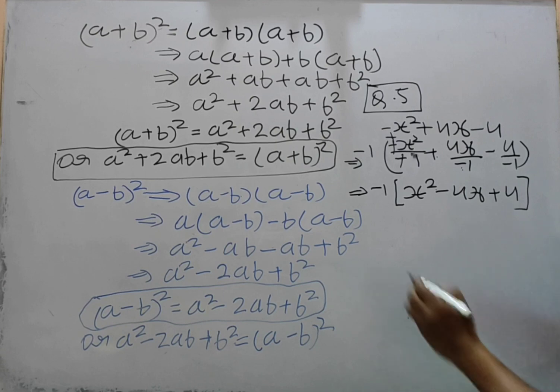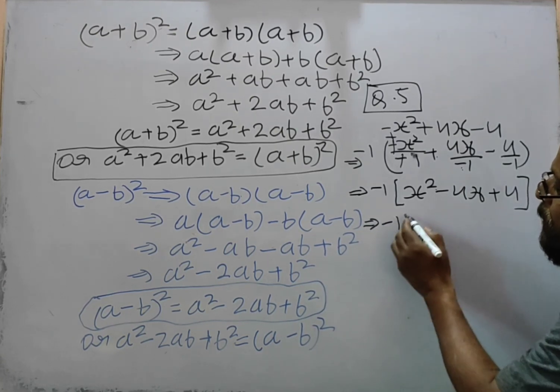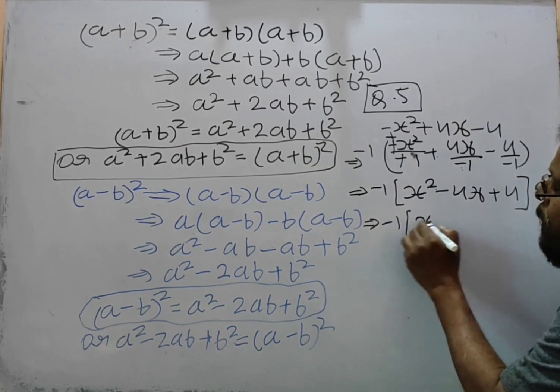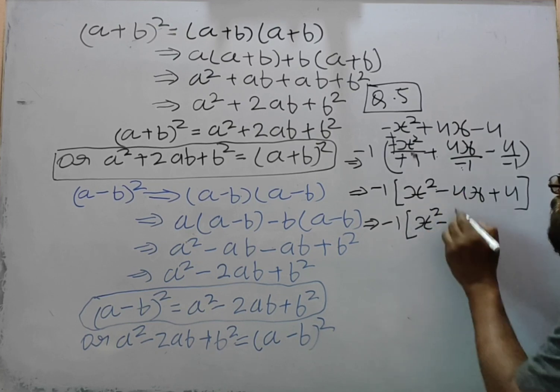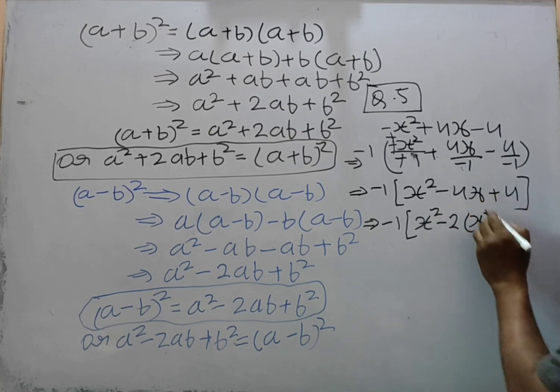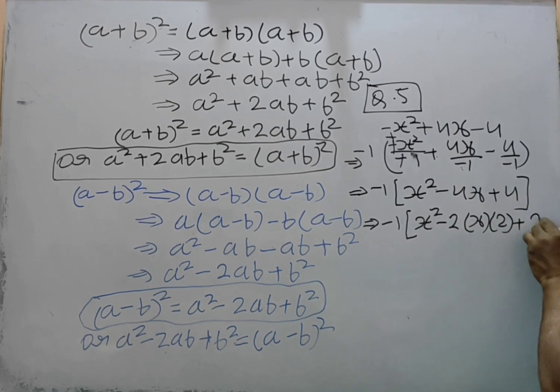Okay, now what we do, we take minus 1, after that this is x square, and now I split this as 2 into x into 2 plus 2 whole square, right? This 4 is the perfect square of 2, so I write it 2 whole square.